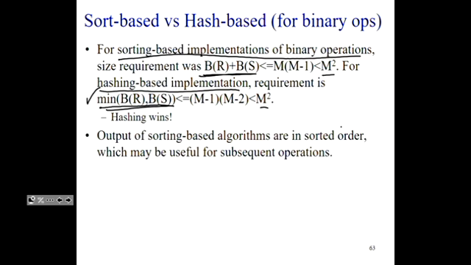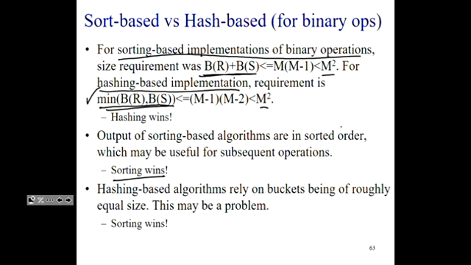The other benefit is that the output of sorting based algorithms are in sorted order, so that's another benefit. This may be useful for subsequent operations if we are doing a further grouping or some other operation. So in this case, sorting wins. And finally, the hashing based algorithms rely on the hash function doing a good job, rely on buckets being of roughly equal size.